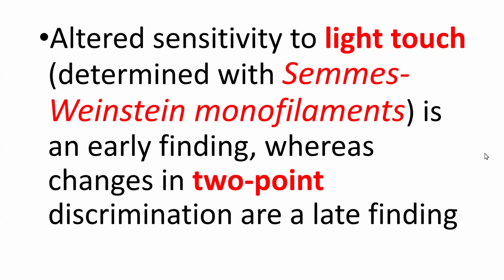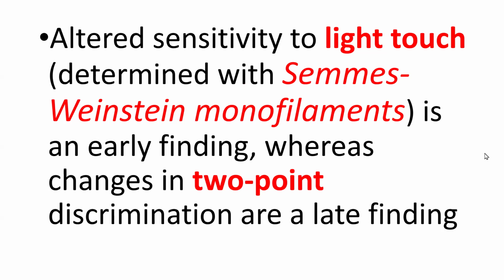Light touch, determined with Semmes-Weinstein monofilaments, is an early finding, whereas changes in 2-point discrimination are late findings. So you have to pay attention to this.